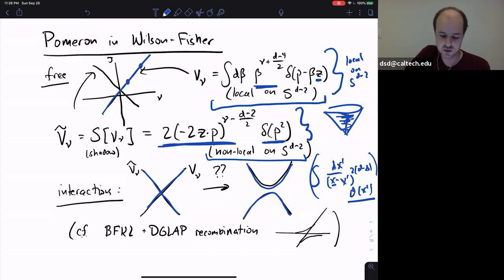This 45-degree trajectory here is associated with light rays. It's counting particles propagating out in a particular direction. And this one is associated with light cones. It's counting particles and just weighting them by a function of the direction that they propagate out. And it's interesting to ask how these two things could possibly mix with each other in order to recombine. So that's one of the things that we'd like to understand.